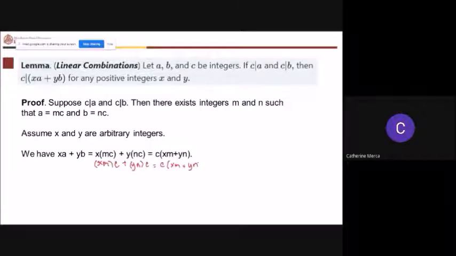Those are properties of integers: associativity and commutativity, and also distributivity.